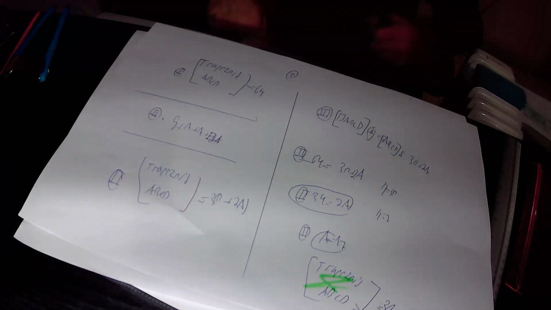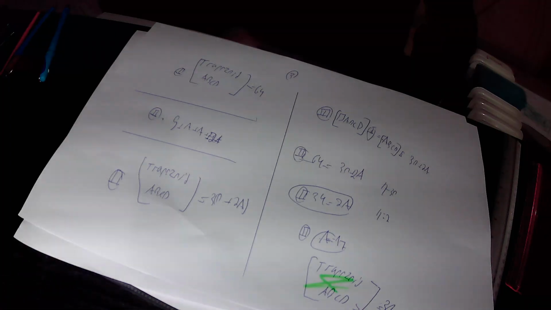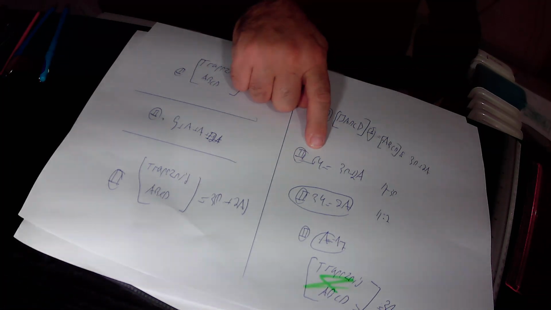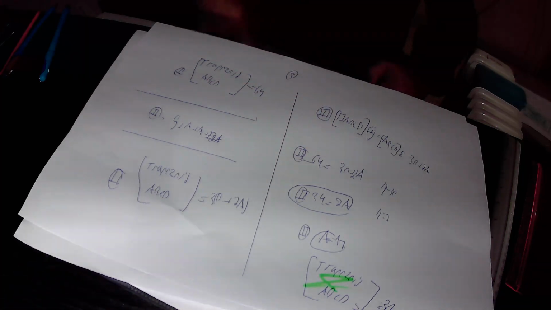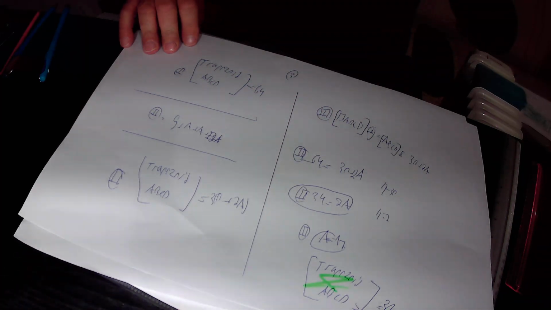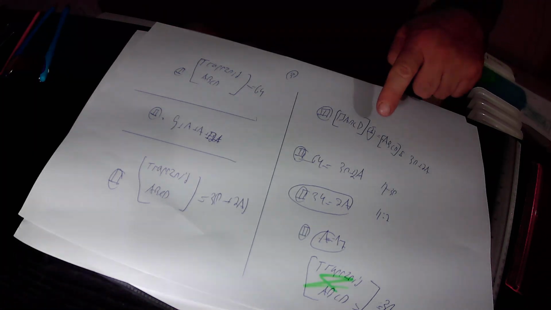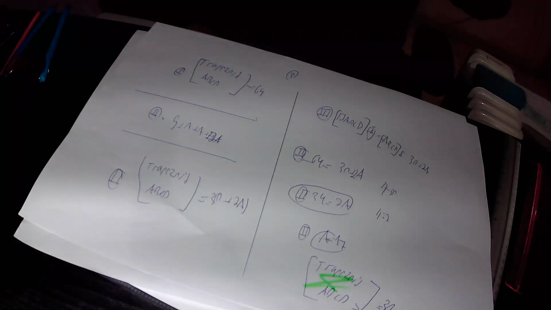We already found out that according to the first method of calculation, the area of trapezoid ABCD equals 64 square units in size, and it must be equal to the area of trapezoid ABCD according to the second method of calculation, that is 30 plus 2a.